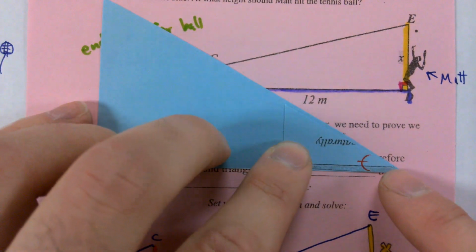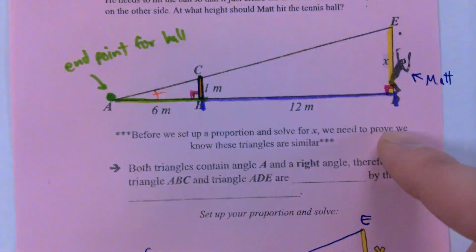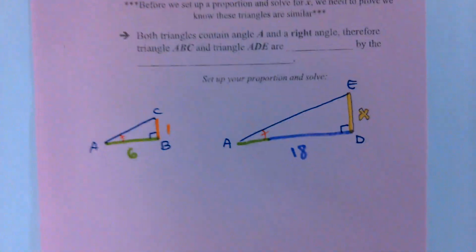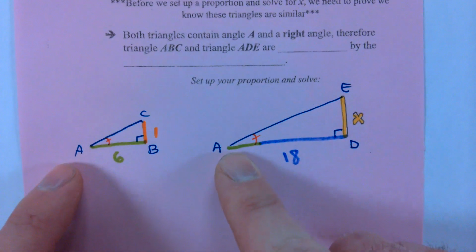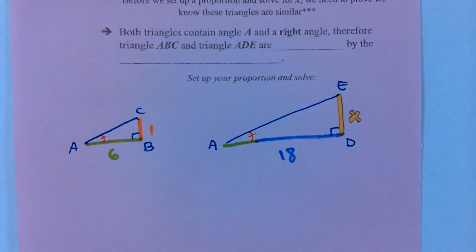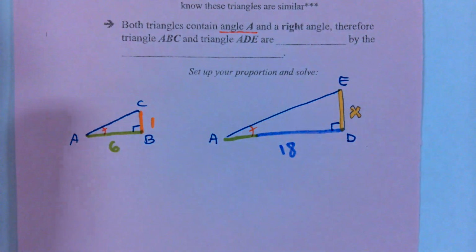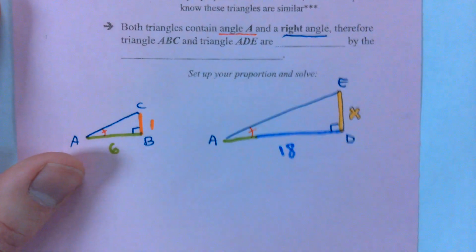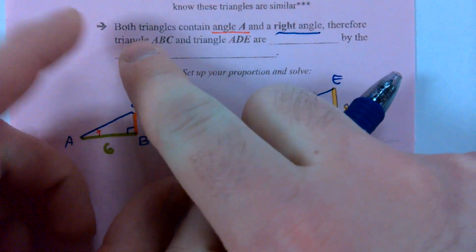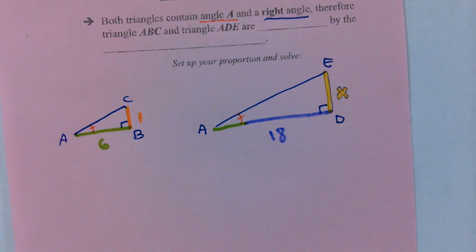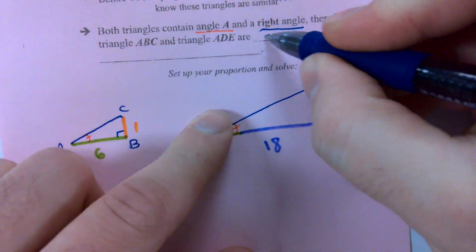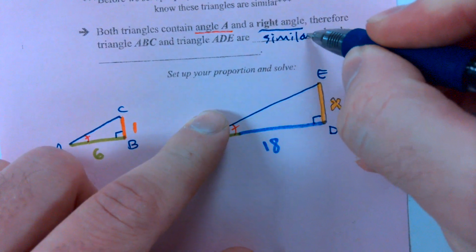So this angle right down here, angle A, that's our second congruent angle pair. Angle A is congruent to angle A, just like if we had vertical angles. So both triangles contain angle A, and they contain a right angle. Therefore, triangle ABC and triangle ADE are similar, by the what?